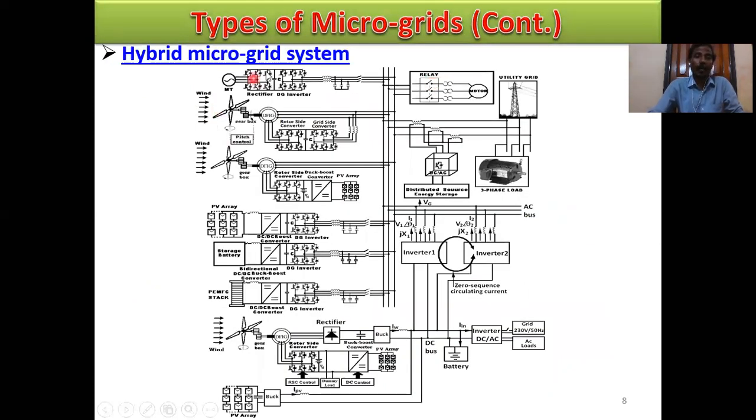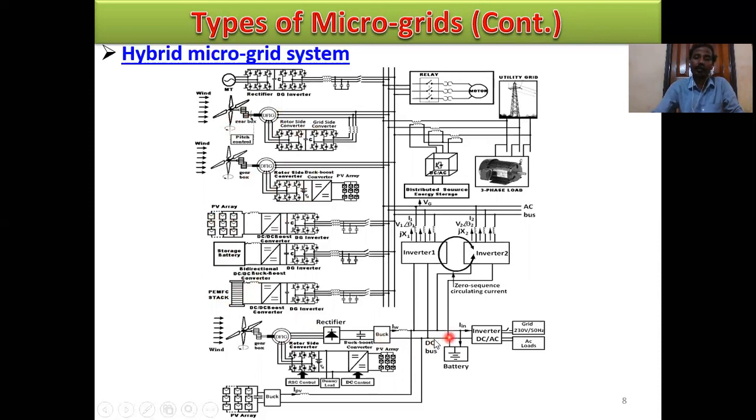And this is the hybrid microgrid system. Mainly in this section, the hybrid microgrid system, where the sources are micro turbine, doubly-fed induction generator, and this is also a smart doubly-fed induction generator. This is PV array, and this is proton exchange membrane fuel cell stack.